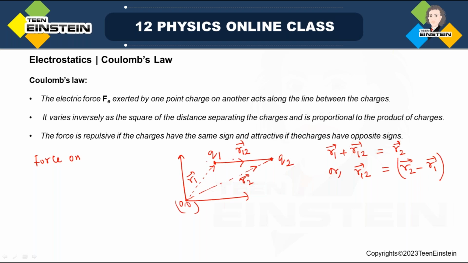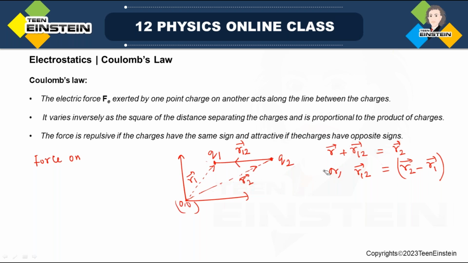I could have taken this direction in the opposite direction also. If I just reverse the direction here, it will be R1 minus R2. That's all, nothing else. I think we should go with indices. Let us just reverse the direction.